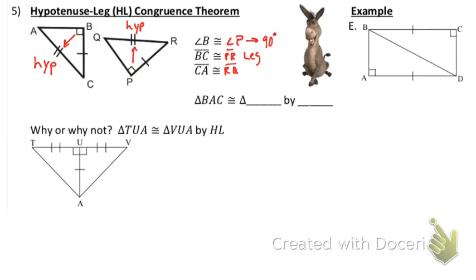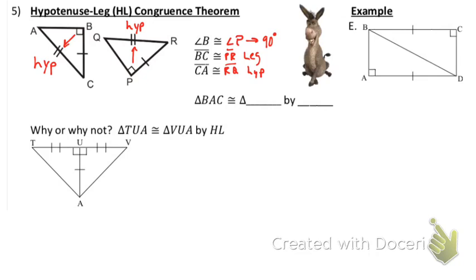Okay, so CA is congruent to RQ, okay? And that would be my hypotenuse. So we have 90 degrees, so it only works for right triangles. We got a leg congruent, we got the hypotenuse congruent. Once we have those two parts, we can then say these two right triangles are congruent.